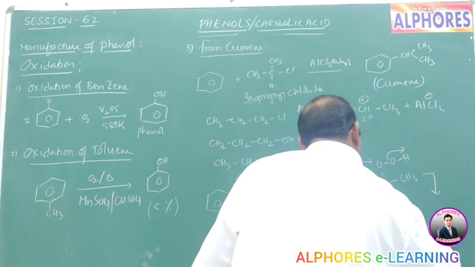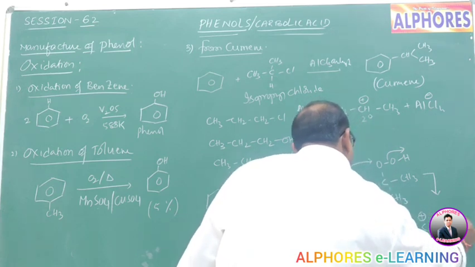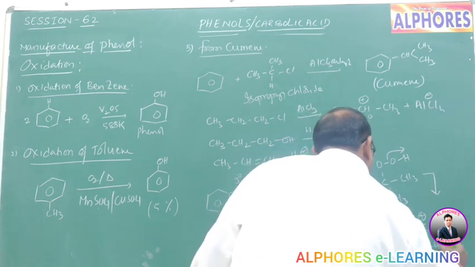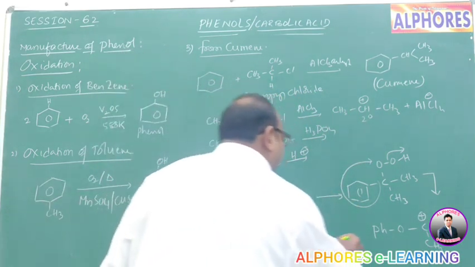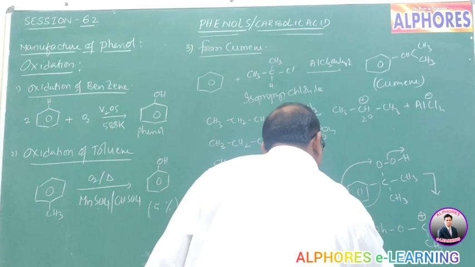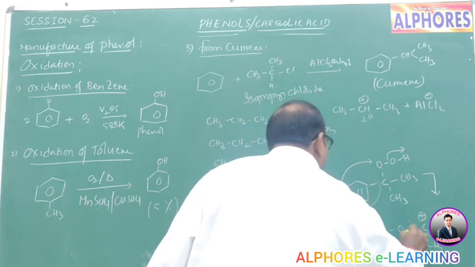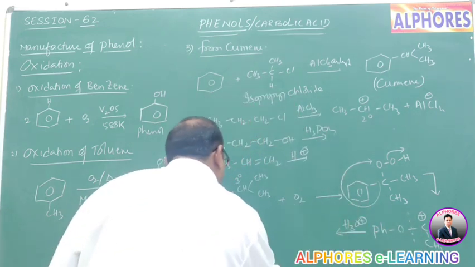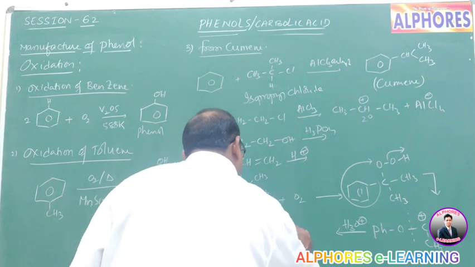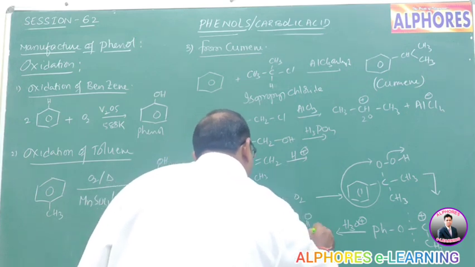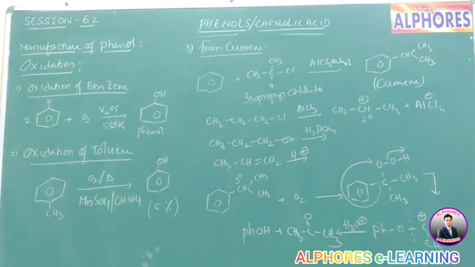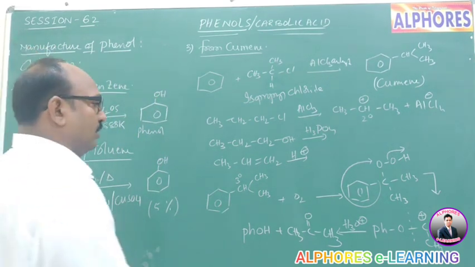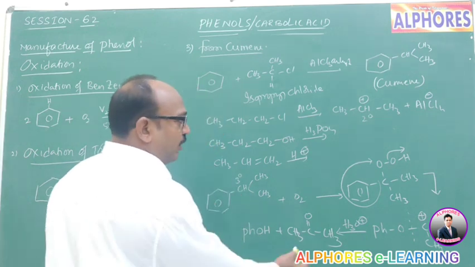So Ph-O attached to a carbon bearing a positive charge, with CH3 and CH3. This upon hydrolysis breaks this bond, and we get PhOH plus CH3-C(=O)-CH3. So this is cumene hydroperoxide.